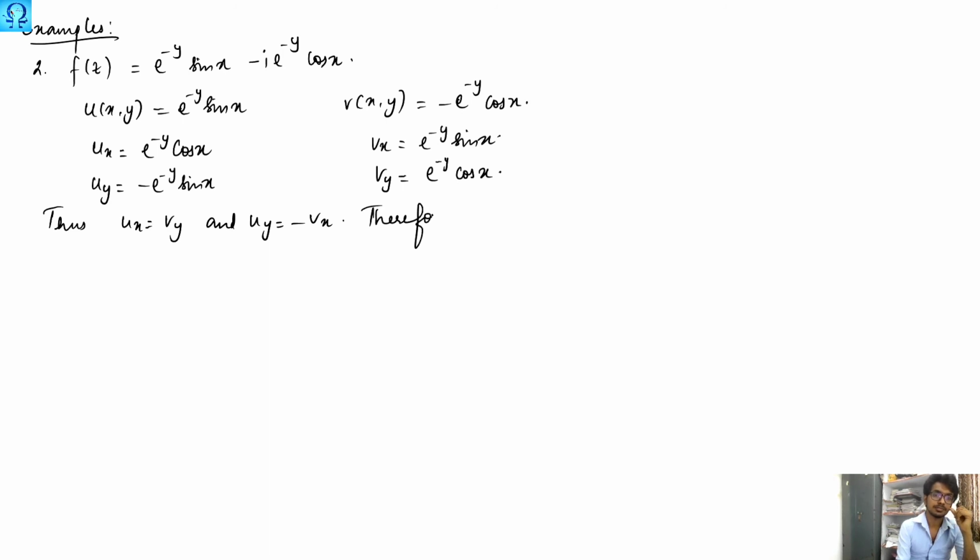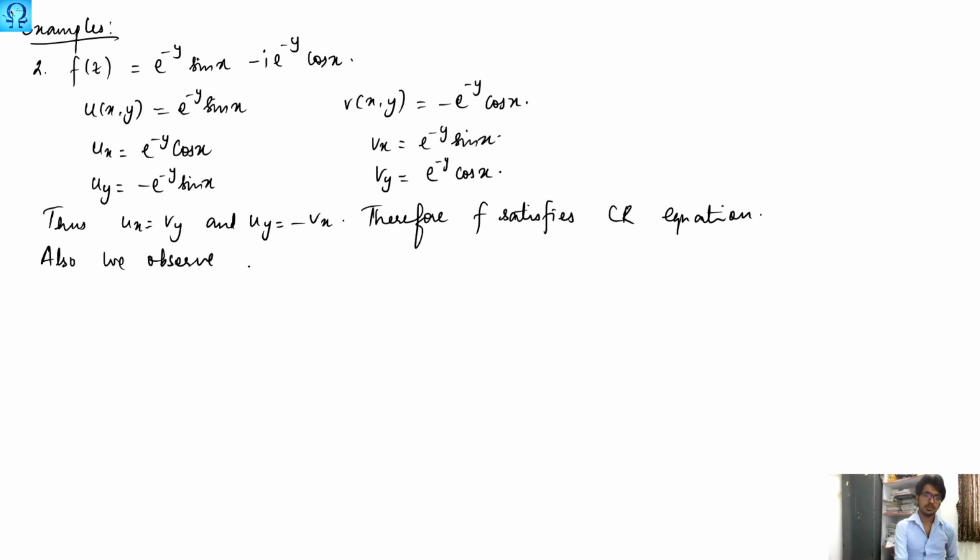Therefore f satisfies the CR equations. Also, we observe that u x, u y, v x, v y exist, and they are continuous as well.